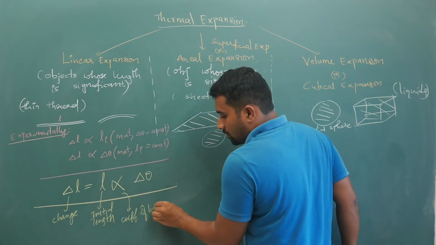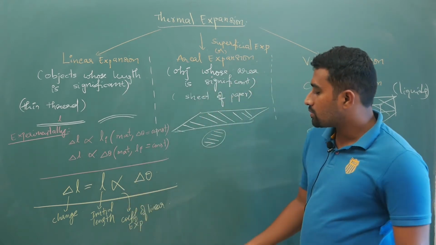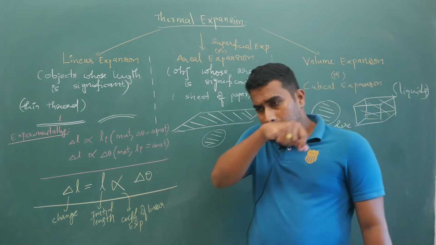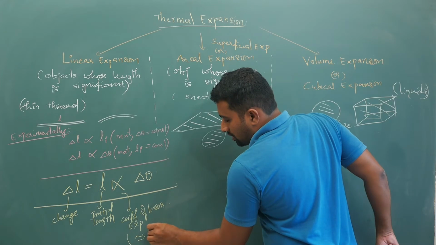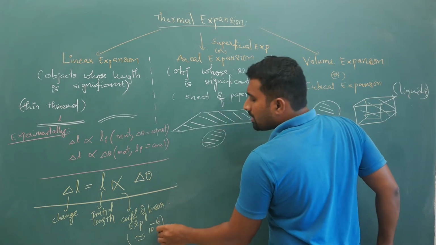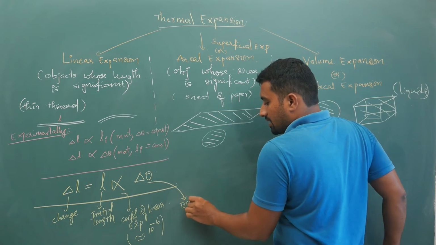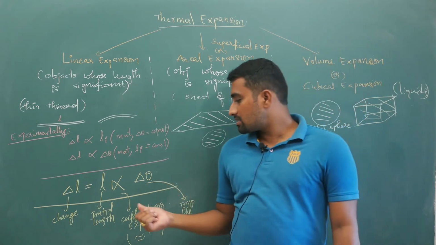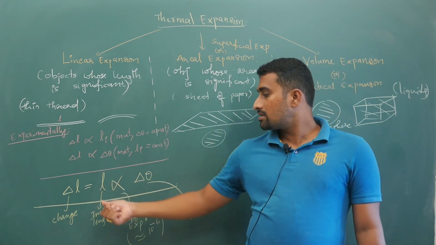I will talk about it next, but for now alpha is the temperature coefficient of linear expansion, and it is usually of the order of 10 power minus 6. Delta theta is temperature difference, alpha is coefficient of linear expansion, L is initial length, delta L is change in length.